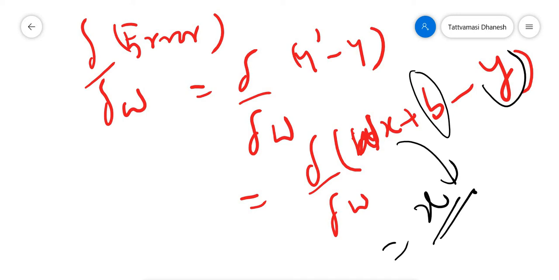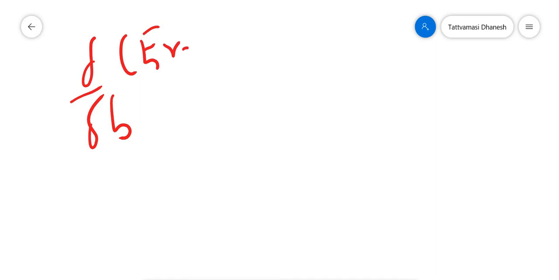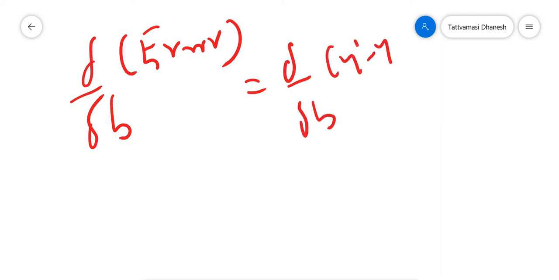In the same way, I am calculating ∂/∂b of error. It is equal to ∂/∂b of y dash minus y. What is y dash?